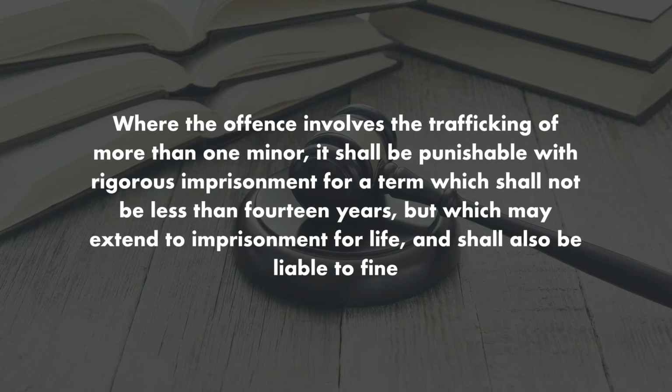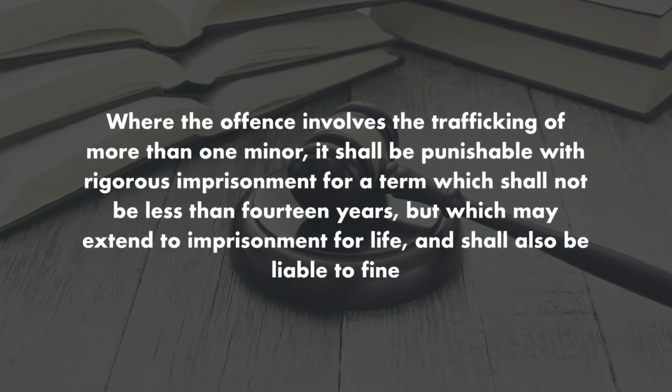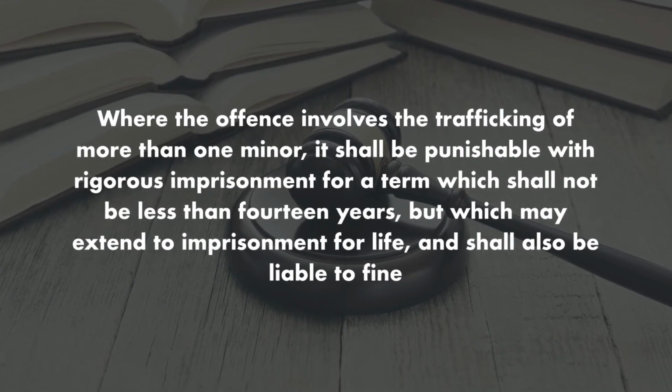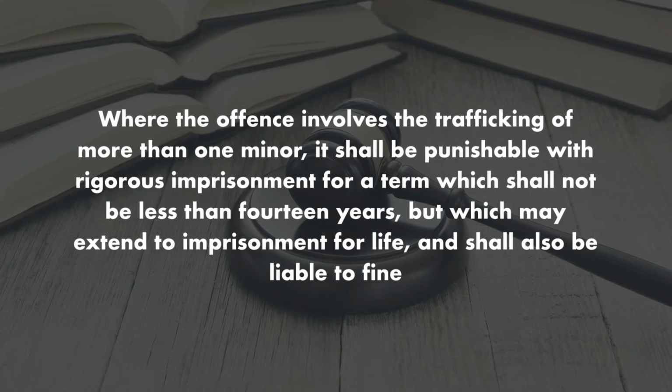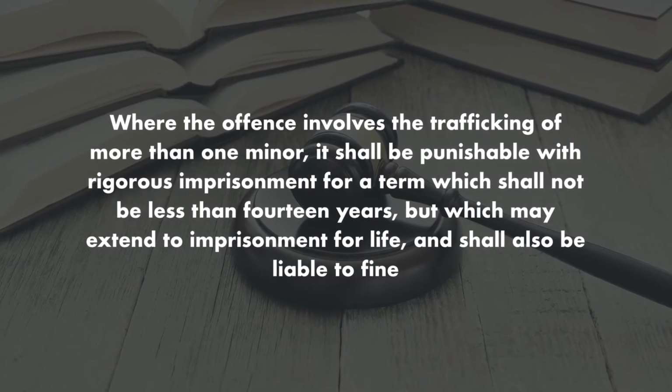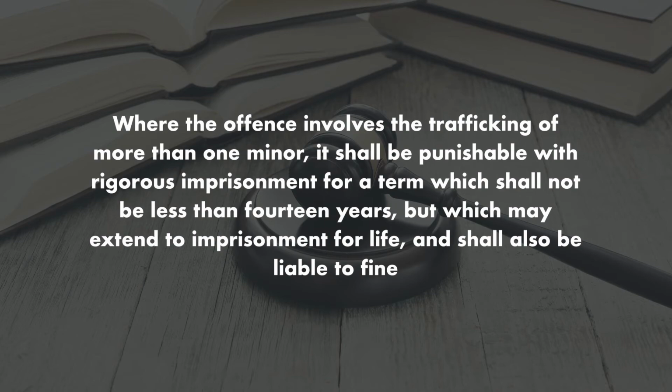Where the offense involves the trafficking of more than one minor, it shall be punishable with rigorous imprisonment for a term which shall not be less than 14 years, but which may extend to imprisonment for life, and shall also be liable to fine.